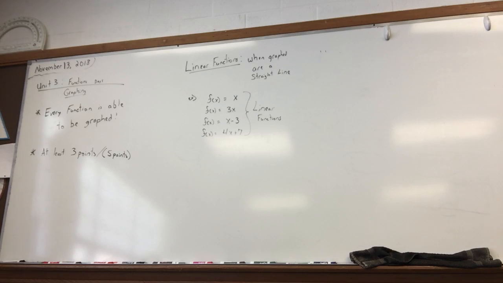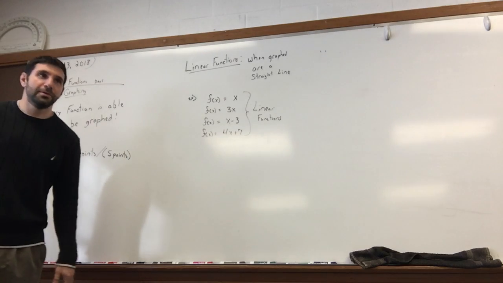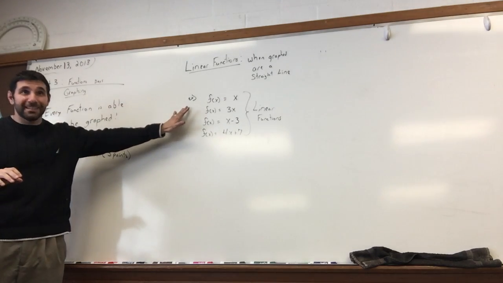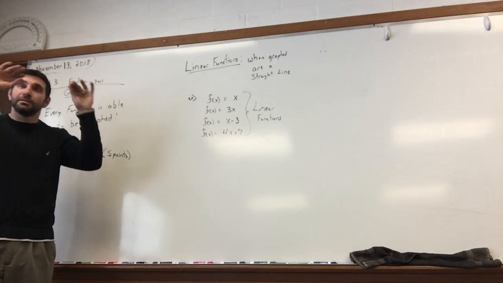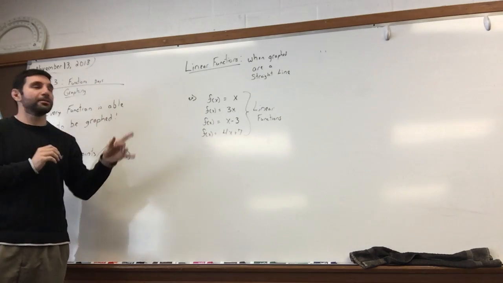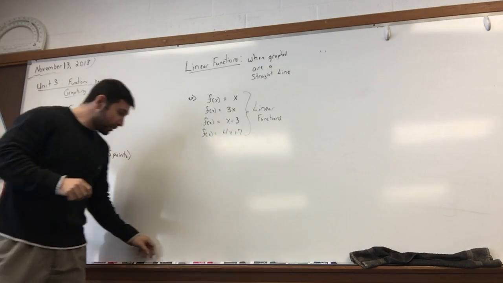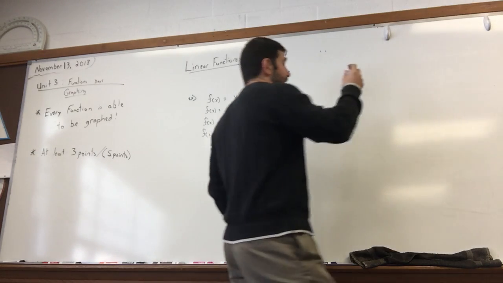Now, is that the only way? No, because if somebody who's in higher math says that's not true, it's not true. But right now, if you see an x and it has an exponent of 1, we're going to assume it's a linear function. I'm going to kind of dumb down the math a little bit. Linear functions, which means they're straight lines. Everybody with me? We are going to learn one other type of function, at least to graph.